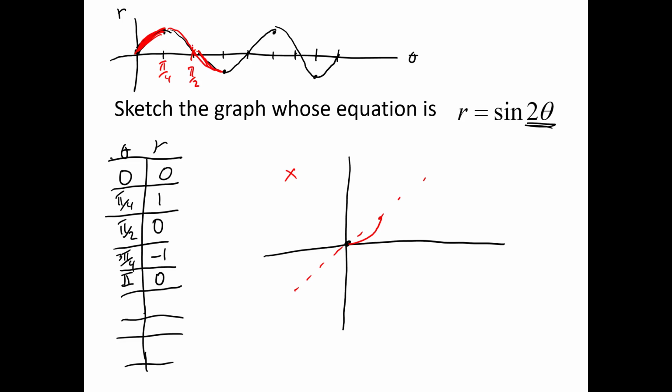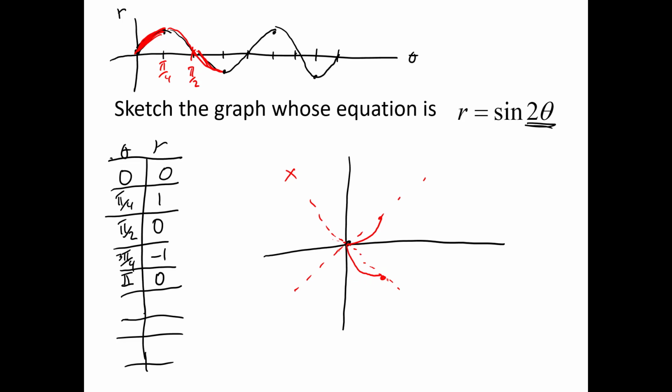And so that means that instead of being in quadrant 2, you're going to be actually over here in quadrant 4. So your R values are negative. You're starting out at an R value of 0, and at 3 pi over 4, that's that angle right there, you're at an R value of negative 1, so you're actually down here. And so then your graph connects like that.